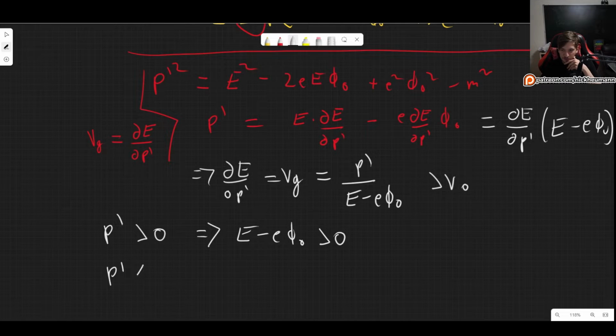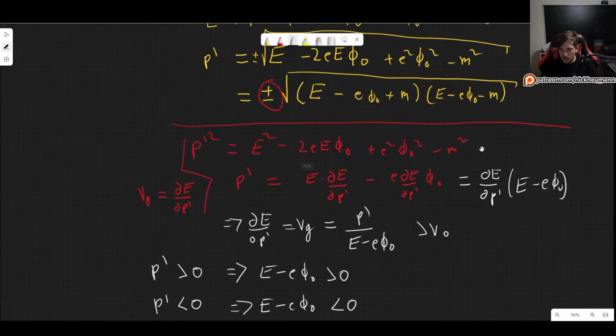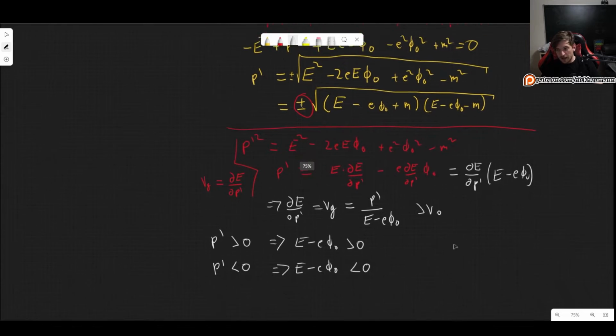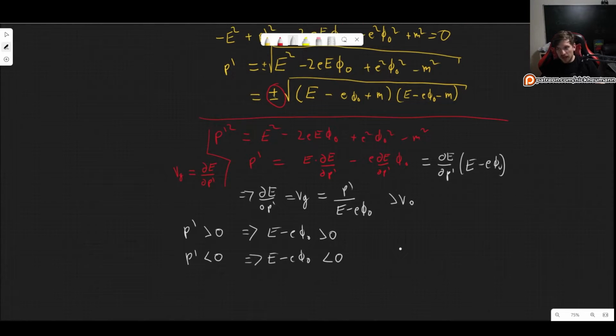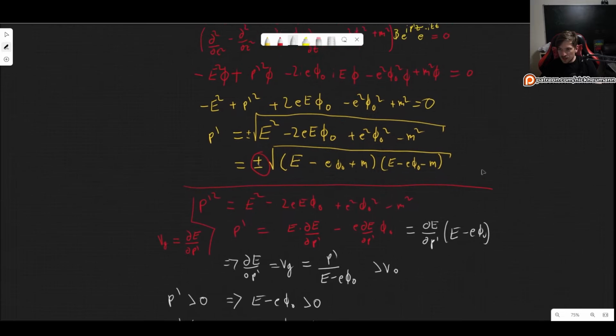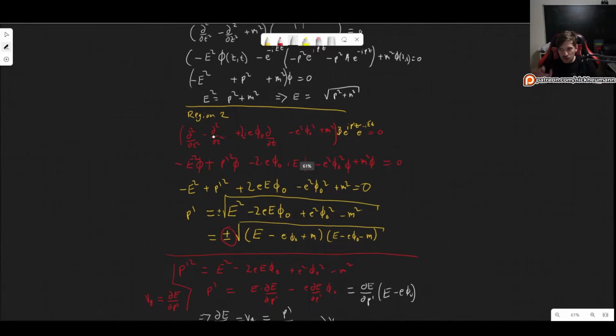And if p prime were negative, then E minus e phi 0 would also have to be negative. So this gives us a nice condition so we can know when to choose which sign for p prime.